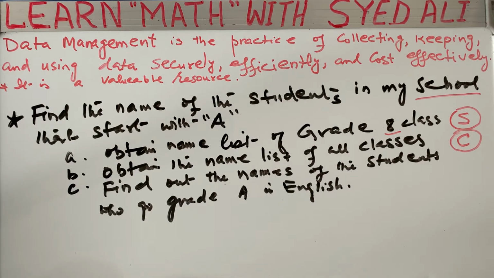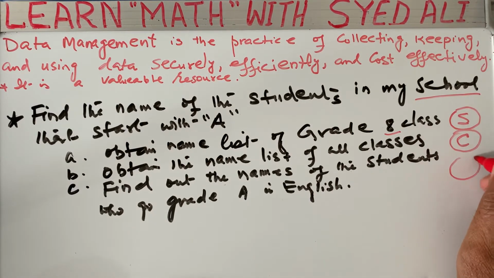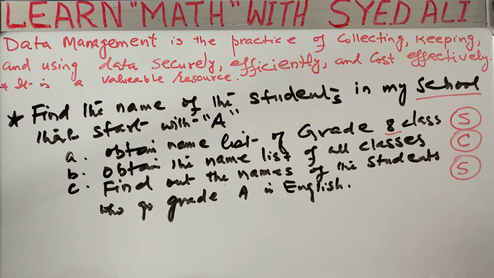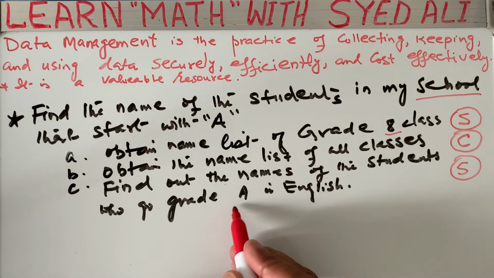Next, somebody is doing what? Find out the names of the students who got grade A. Grade A is not the requirement, but after all, what he is selecting is a sample, because he is only getting the sample of grade A in English.